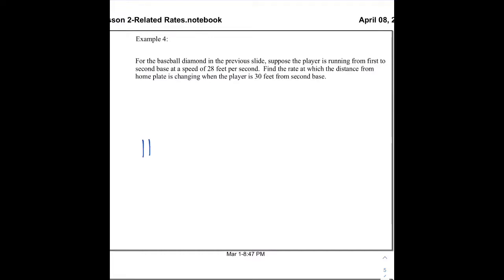So I'm at home. Here's first. The runner is running towards second, and this is how I make my right triangle. So this is the player running from first base. If the player is running at a speed of 28 feet per second, friends, that's a rate. That's the rate of the baseball player. So I'm going to make x my player.